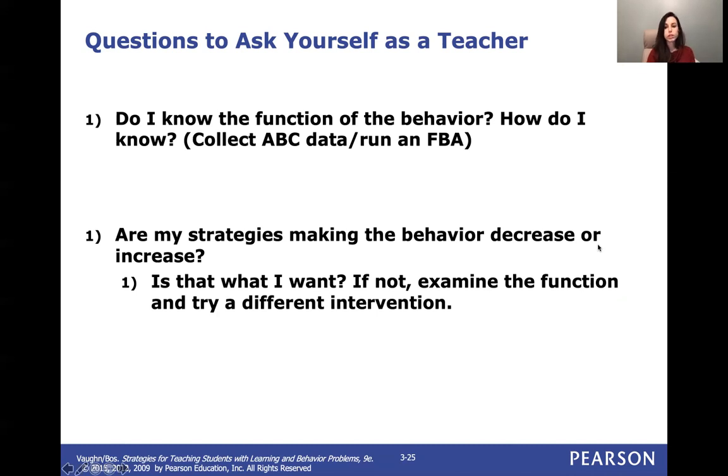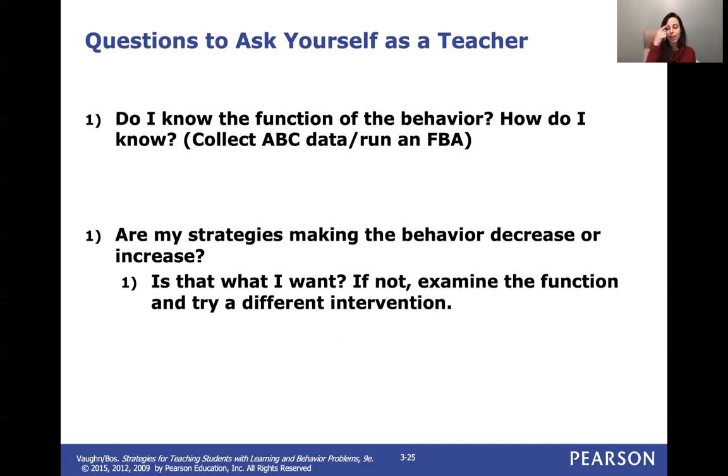If I want the student to stop hitting and I've decided that sending them to the principal's office is my intervention, but they keep doing it every day and they keep coming back and doing it again in your class tomorrow and the next day, whatever you're doing is not working. And that probably means you have the wrong function of the behavior.